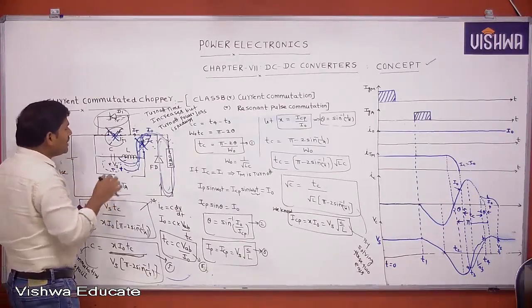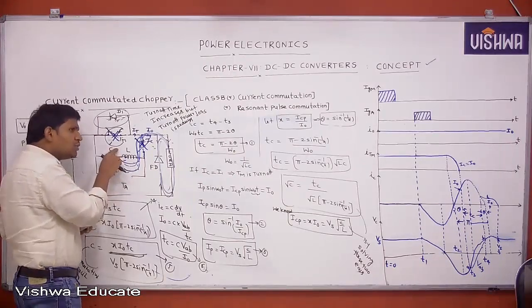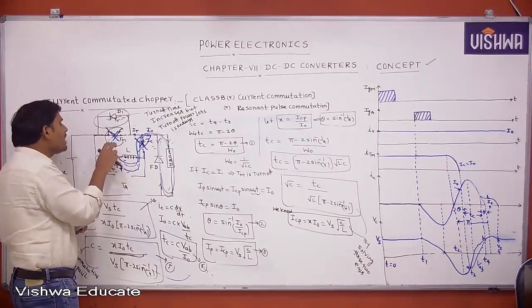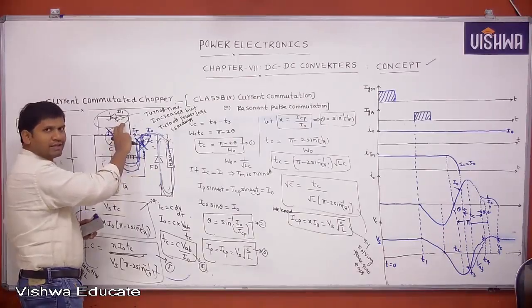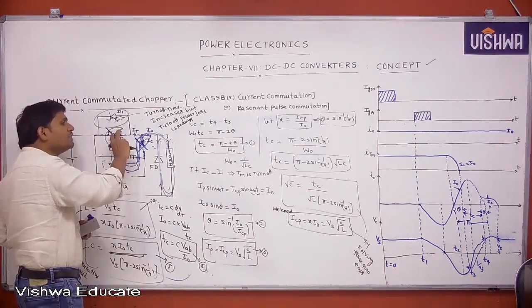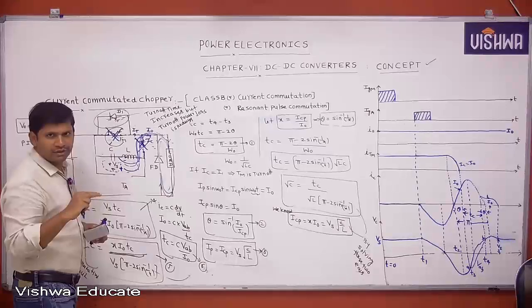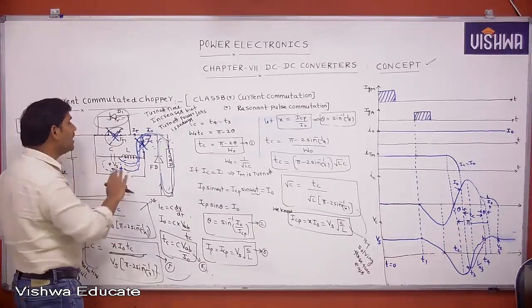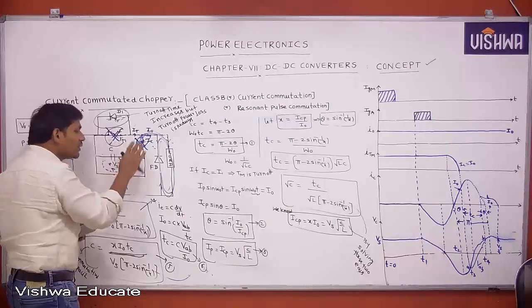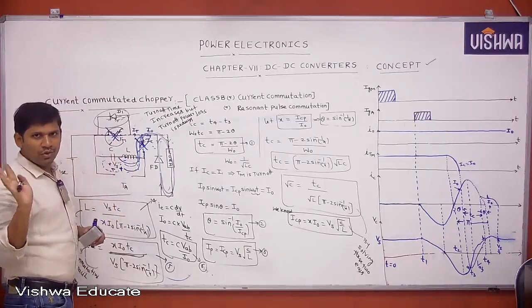Another advantage is the capacitor will charge more effectively. Because of overcharging of the capacitor, we can effectively turn off the main thyristor. This is more effective commutation as compared to voltage commutation. Among all the commutations, current commutation is the most effective commutation. That point also you remember.